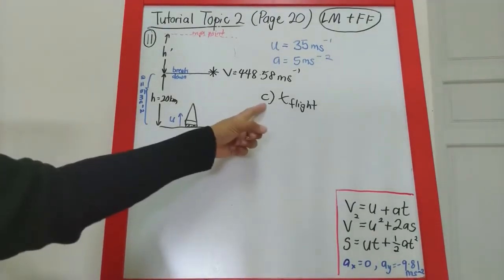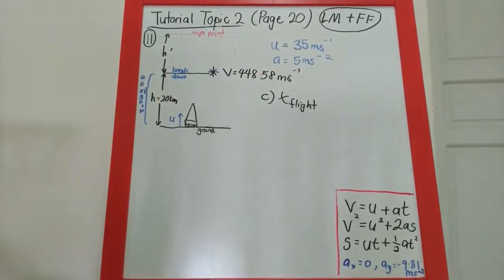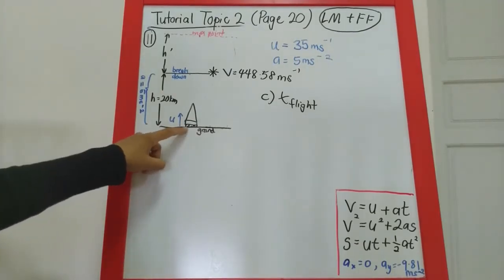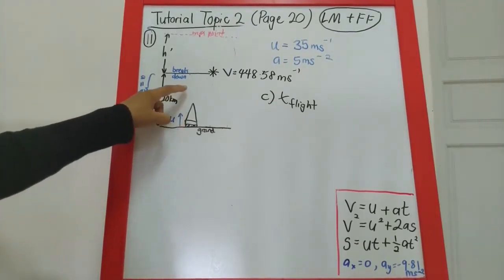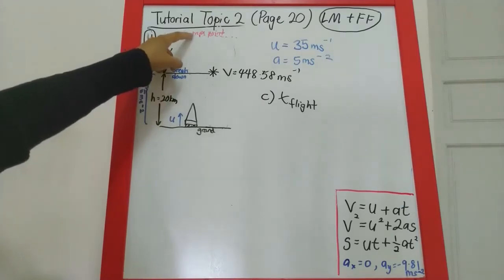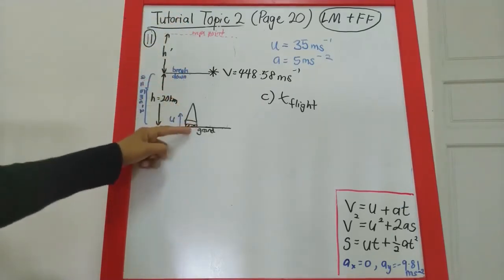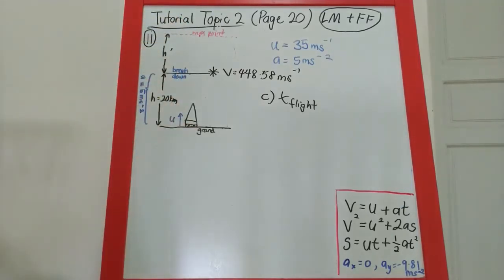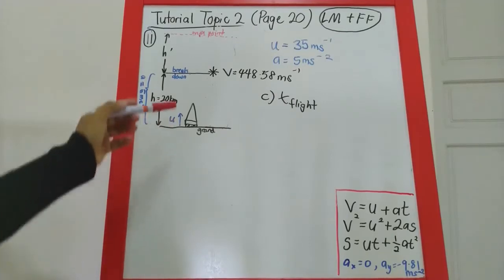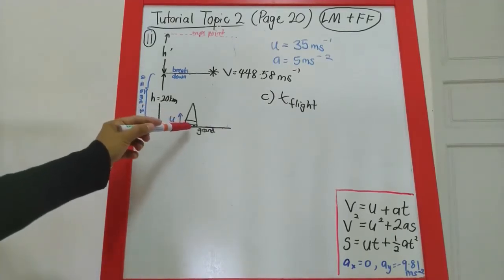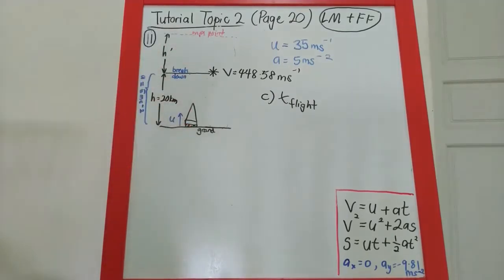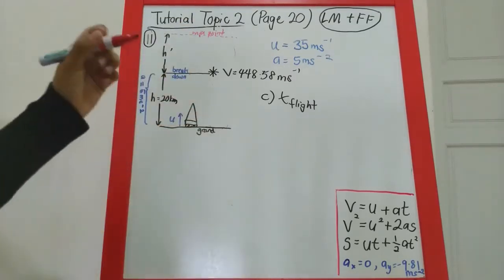For part C, it asks you the time of flight. It simply means the time from when it launches and then goes up to the maximum point and then goes back down to the ground. So the time of flight for the rocket. In order to do so, you cannot find the time from here to here. You need to separate them. Why?